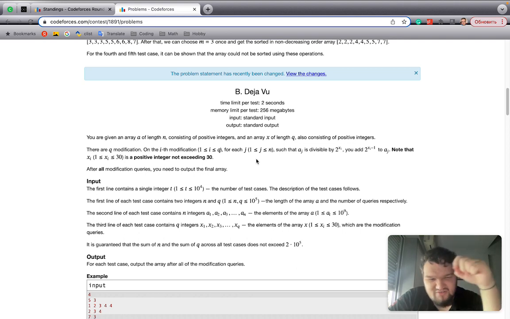Just by saying that you can apply the operation only if all the previous operations are strictly bigger.